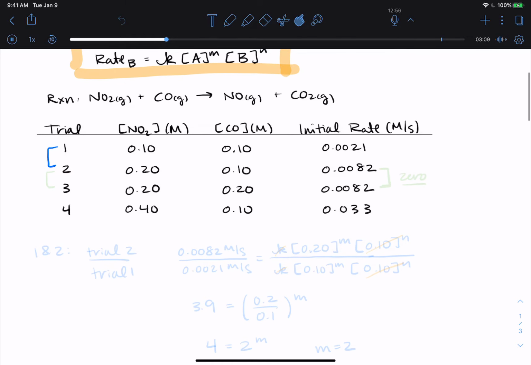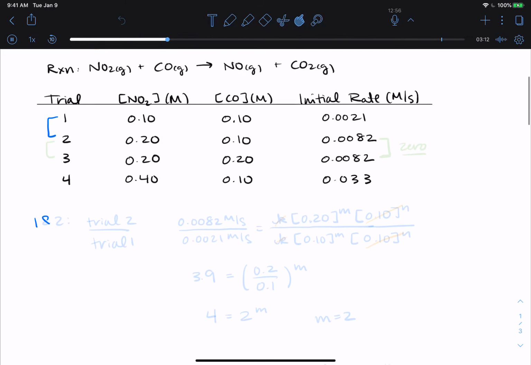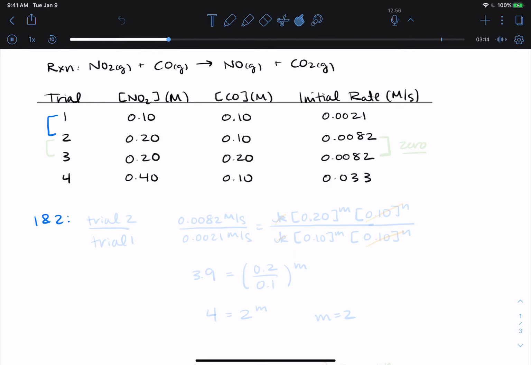So we're going to compare trials 1 and 2. I have done it as trial 2 over trial 1. You can do it the other way. You should still get the same answer, which would be a great way for you to practice and confirm that that's the case.